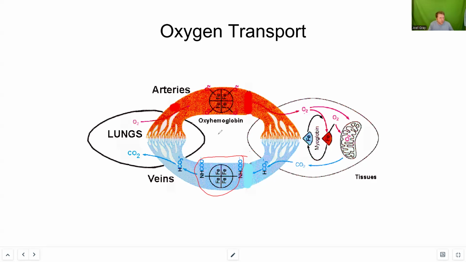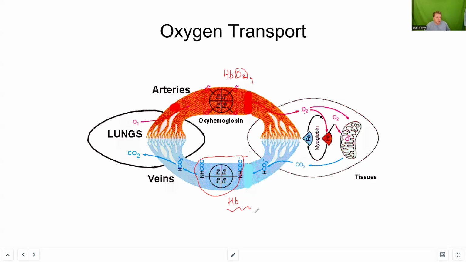That means this hemoglobin is effectively like this, as opposed to HbO2 in parentheses 4. This completely deoxygenated hemoglobin isn't really realistic.